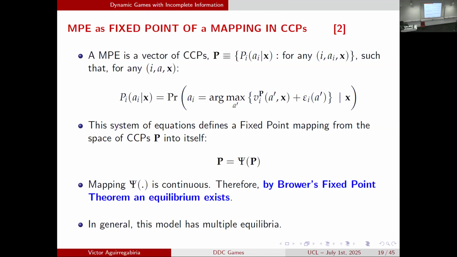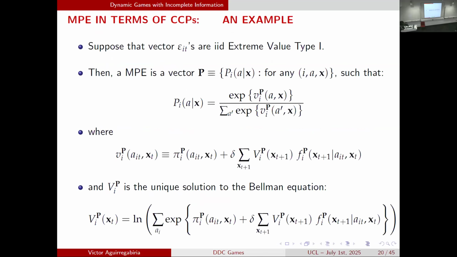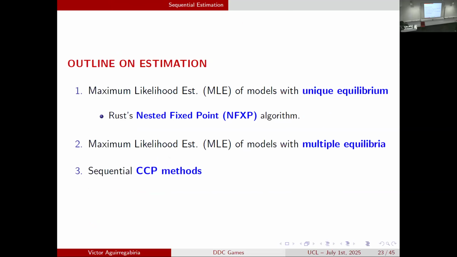And there are issues in the computation of a dynamic game, not to mention the curse of dimensionality. The curse of dimensionality in dynamic games is typically more severe than in single agents, because if for each agent we have 10 possible states or 100 possible states, for the whole state vector we will have 100 to the power n, where n is the number of players.